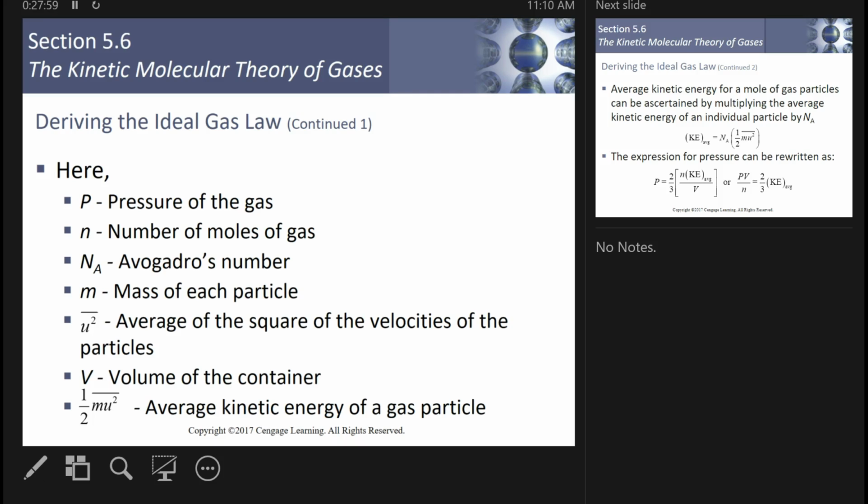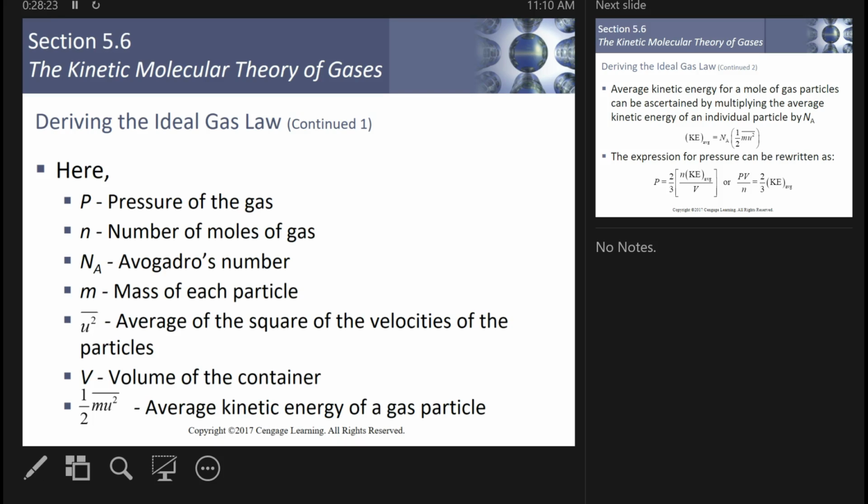Now, what are all these things, though? Who knows what the kinetic energy formula is? KE equals one half mv squared. What is m? Mass. V? Velocity. It's lowercase v. Capital V is volume, lowercase is velocity.